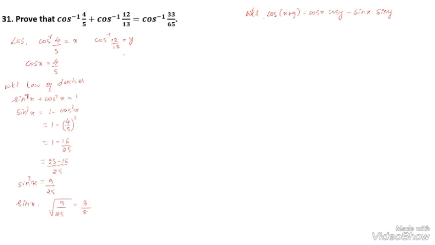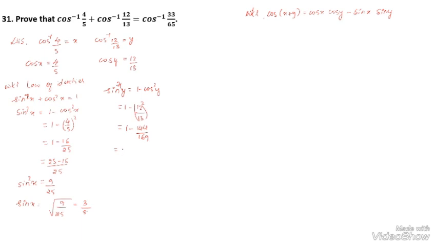Similarly, I can calculate here also. cos y is equal to 12 by 13. The same property I can use here. That is sin square y is equal to 1 minus cos square y. 1 minus, what is cos y? 12 by 13 whole square. 12 square is 144, 13 square is 169.